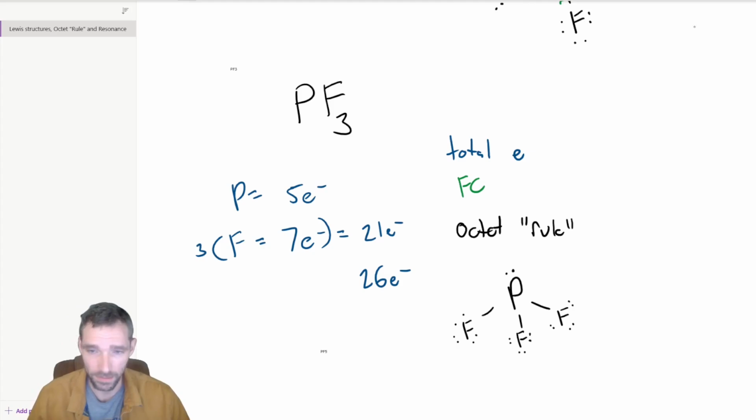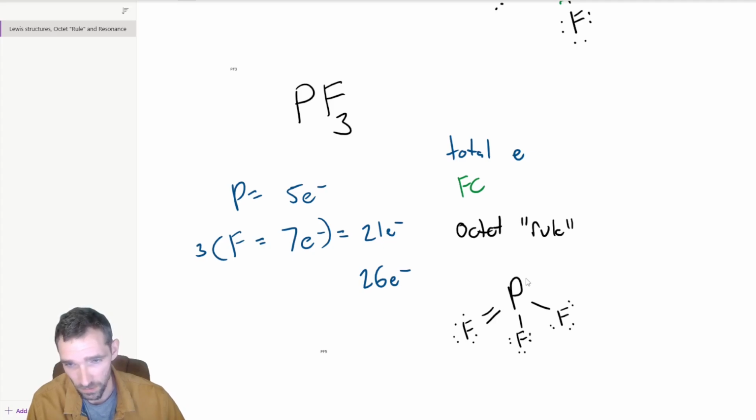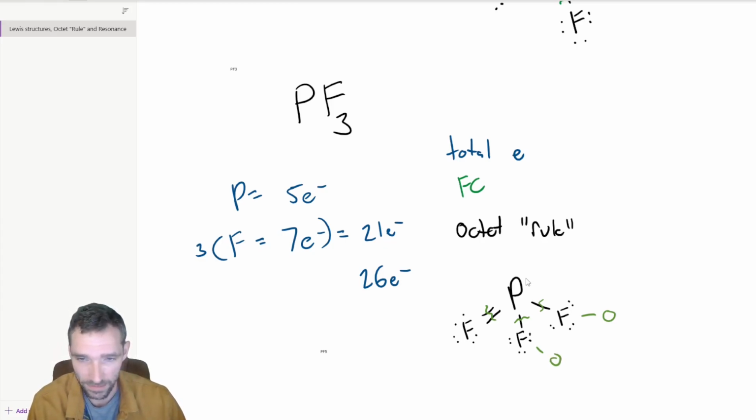Now you might be inclined to make it a double bond or something like that, but you would run into some issues if you were to do it like so. One of the main issues is that the formal charges just aren't quite right. The formal charge on this is 0, on that is 0, but now this fluorine has access to 1, 2, 3, 4, 5, 6, 7, 8, so it is a -1.